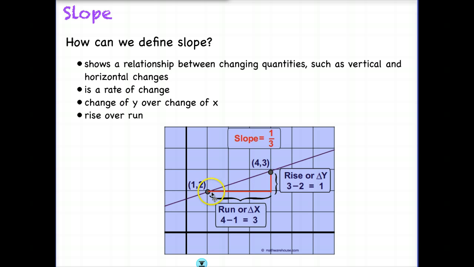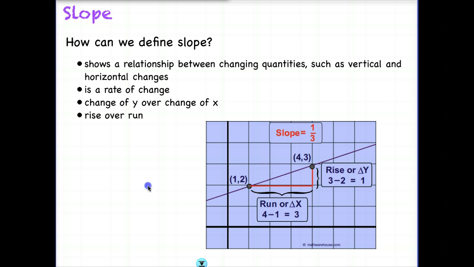It also represents a change in our x values, going from here to here. That represents our horizontal change, the change in our x values. So it is a rate of change, which is what we're going to be looking at as well. We can also describe it as a change of y over a change of x. And in fact, we also say rise over run.